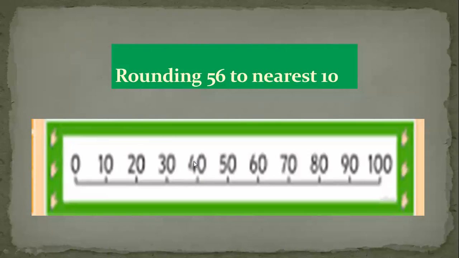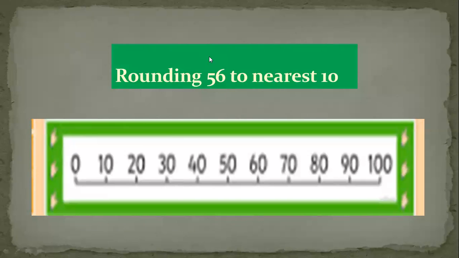First of all, you have to see the first number. In rounding to tens, you have to see the tens. You cannot see the ones, okay? So you are going to see only the tens. 56 will come between 10 and 20, or 30 and 40, or 50 and 60?